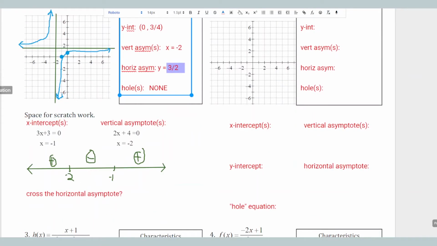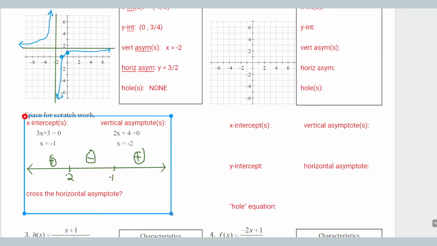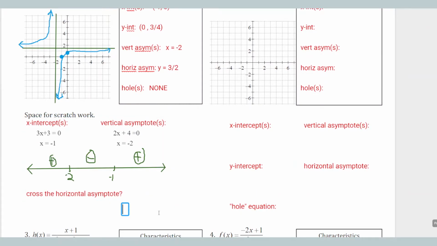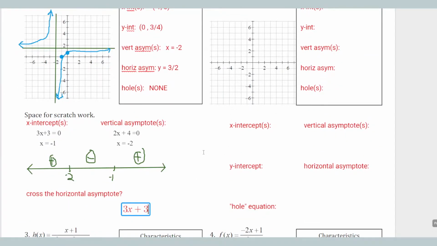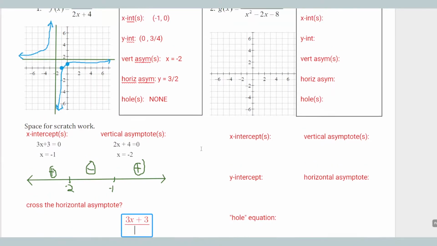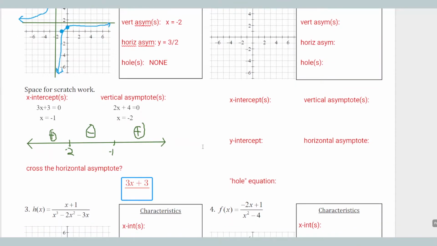So what I'm going to do is set up a little equation here. I'm going to give myself a little bit of room and ask: is this function, which is 3x plus 3 over 2x plus 4, ever equal to 3/2?